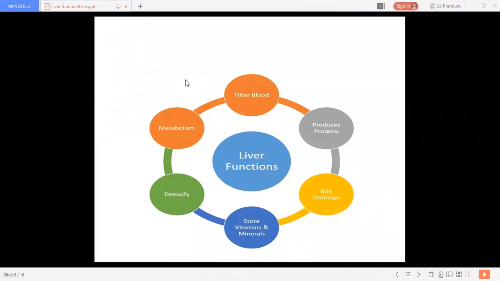Another test commonly recommended to diagnose liver function is prothrombin time. An increase in prothrombin time is an indicator of liver disease. So this is all about total proteins.